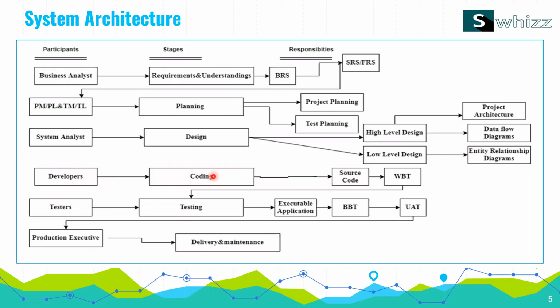Now the developers will do coding. They will design the source code and implement the business logic. After implementing the business logic, the developers themselves perform some verification. They verify whether what they developed works according to the requirements or not.